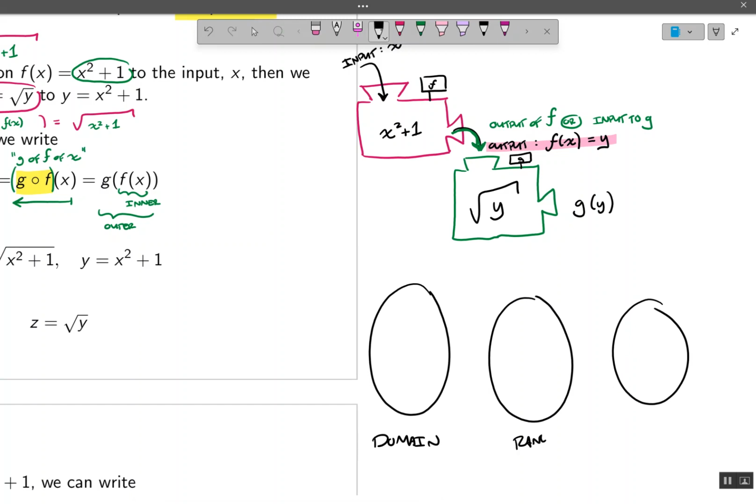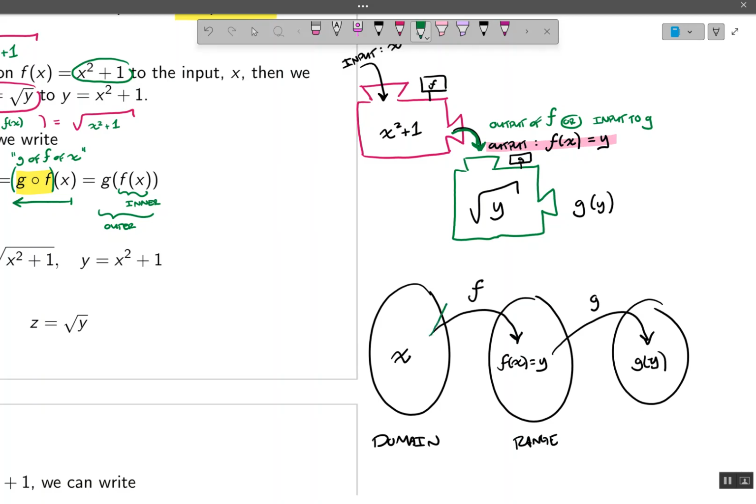Here is the range or the set of outputs of f. This function that goes from here to here is called f. We take in an x and we spit out something called f of x. We give that a new name called y. That y becomes the input to the function g. The output over here is called g of y.